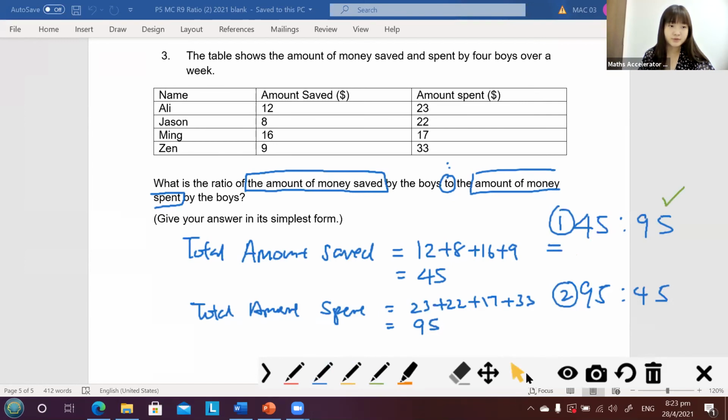Both are divisible by what? Yes, 9 to 19, divide by 5.